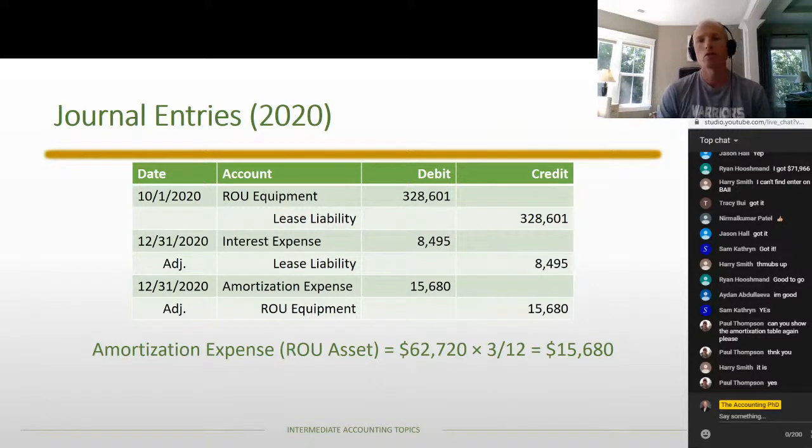And so there's no accumulated amortization or anything like that. It's kind of like with intangible assets. Whenever we amortize them, we directly reduce the account balance, and that's the same thing that we do with the right-of-use asset. The amortization expense is a direct reduction to the asset account. And so these are the two adjusting entries that are required at the end of 2020.